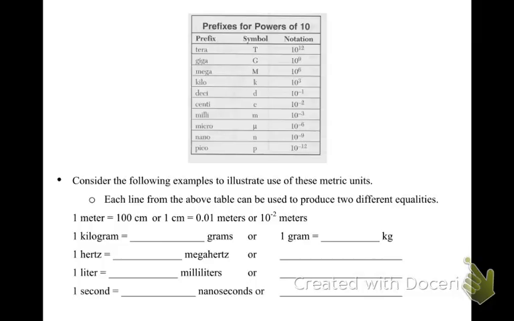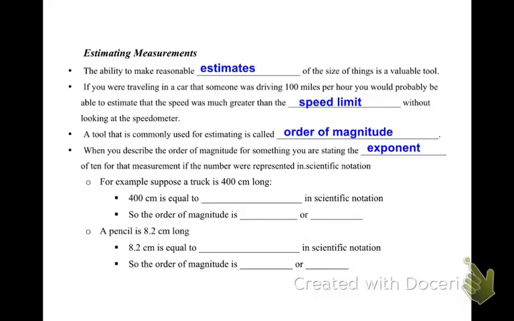The only thing that I would say that's kind of new for physics would be estimating measurements. The ability to make reasonable estimates of the size of things is really important, and it's really hard to teach because it's based on you and your past experiences and what you can relate those sizes to. So let's take a prime example.